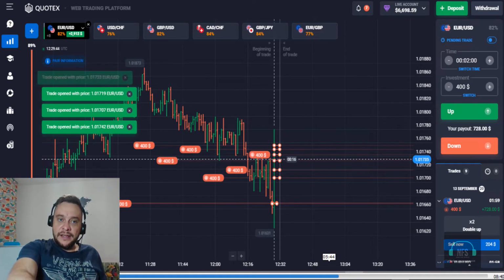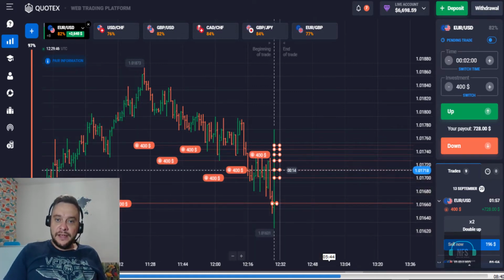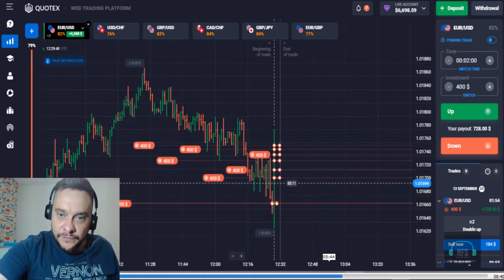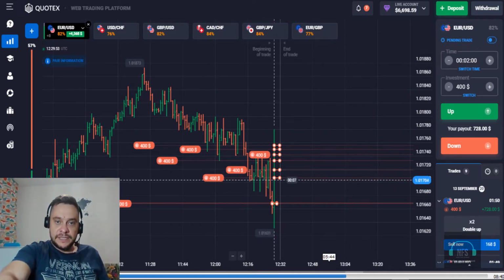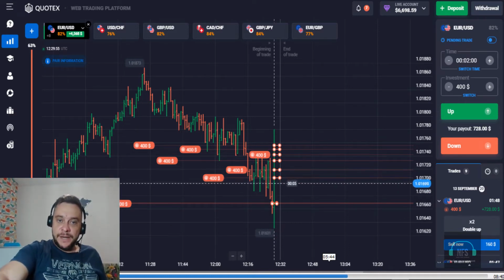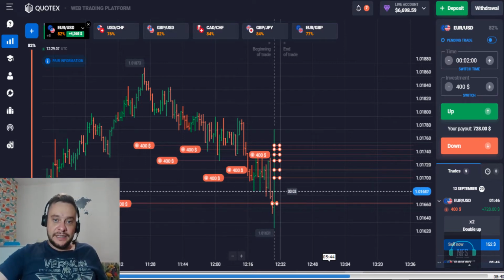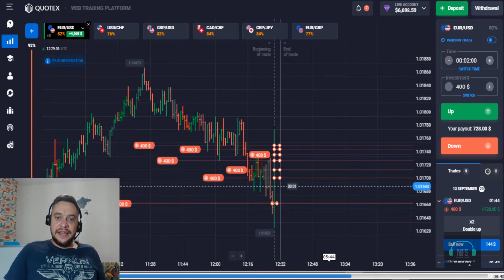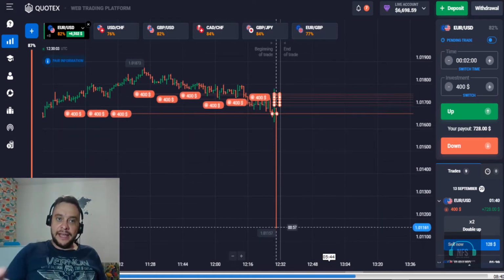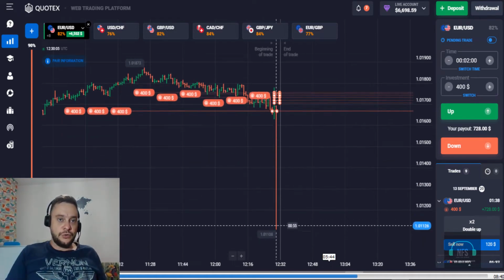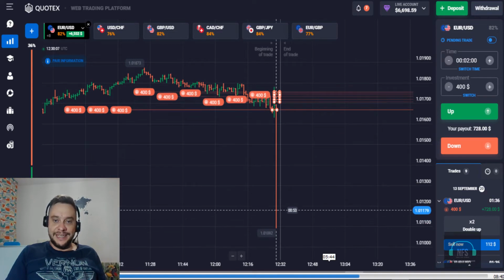Look here, I think around seven, six trades placed here. Yes, $400 trades, and you'll see the price will go down exactly like the US 30. Also, this is euro against USD.